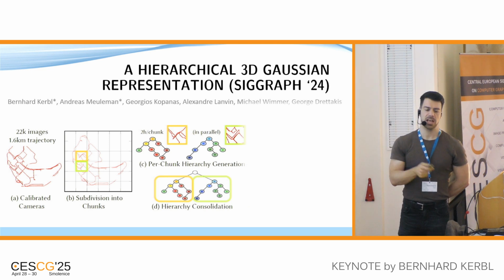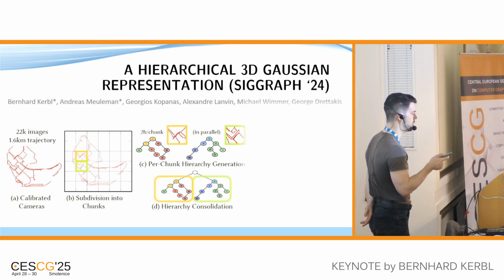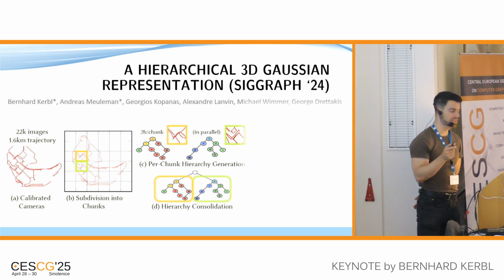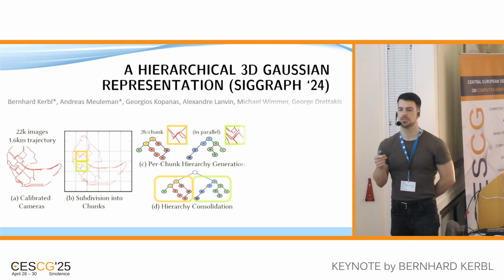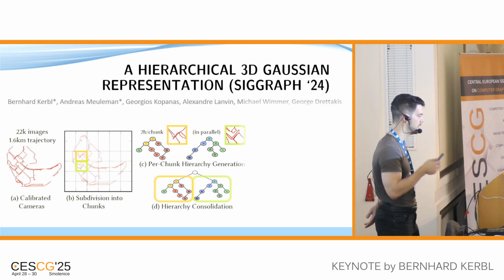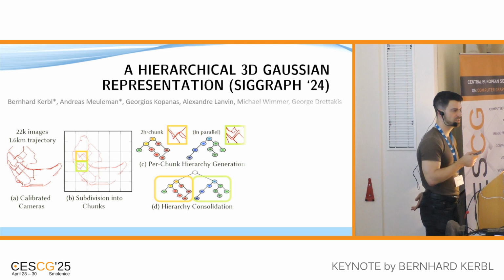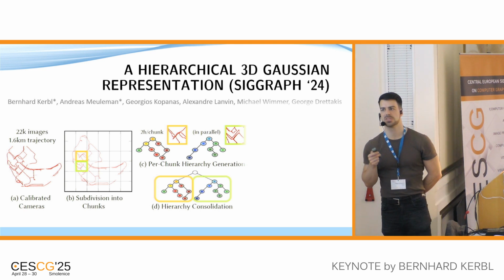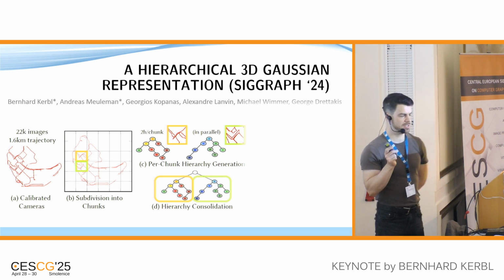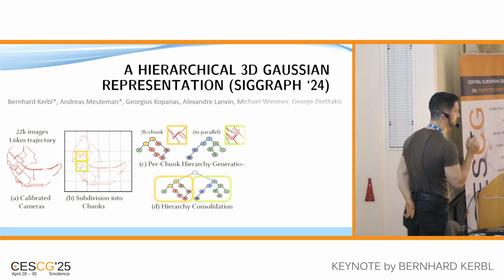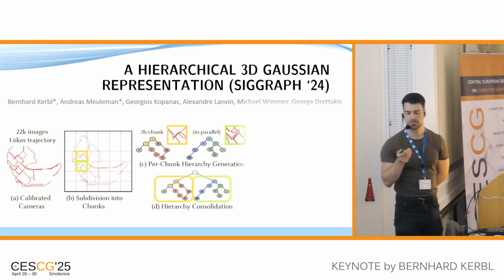So first of all, having collected images from several square kilometers of distance, sometimes millions of images, there needed to be some separation into spatial regions, which we call chunks. And then for each of these chunks, we would train 3D Gaussian splatting models. And then for these models, we needed to develop an adequate level of detail representation.